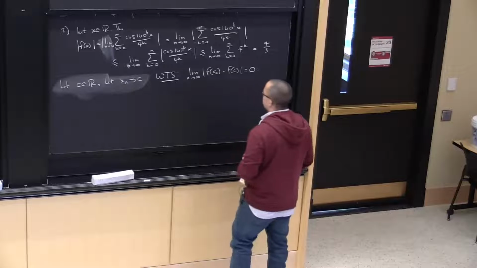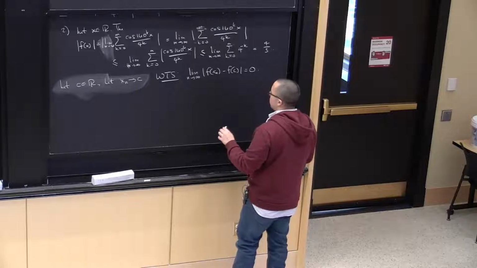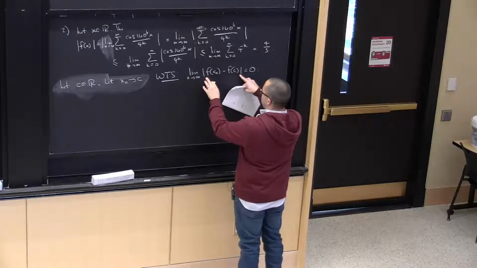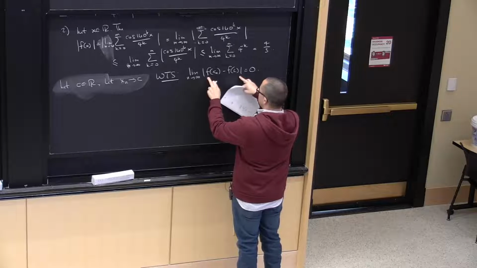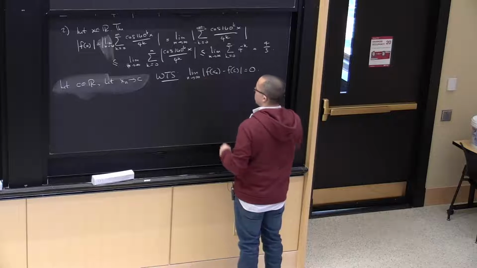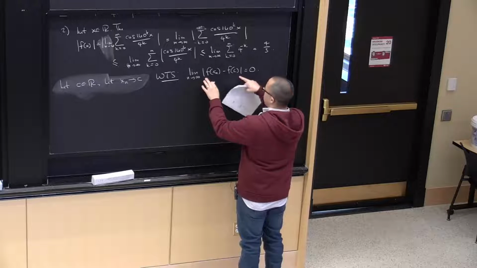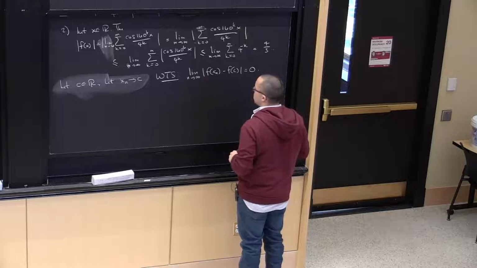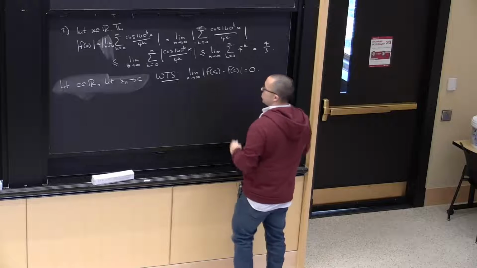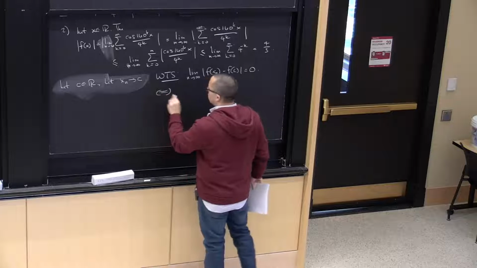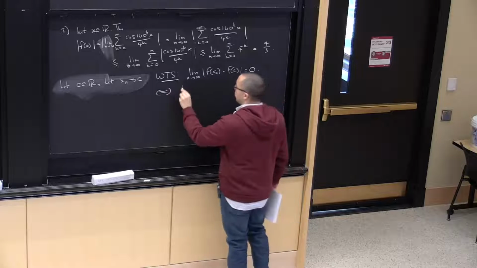Now, f is a bounded function, so this sequence, the absolute value of f of x_n minus f of c, is a bounded sequence, so it has a lim sup. And we did an exercise on the assignment that the limit of a sequence equals 0 if and only if the lim sup equals 0.